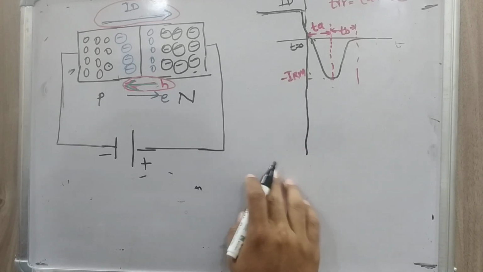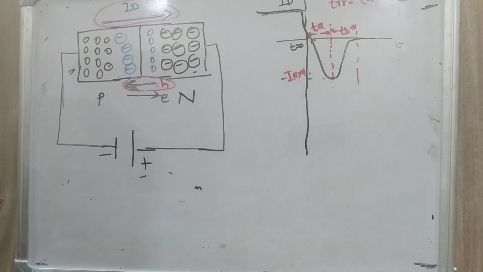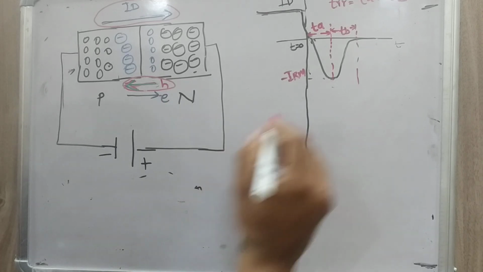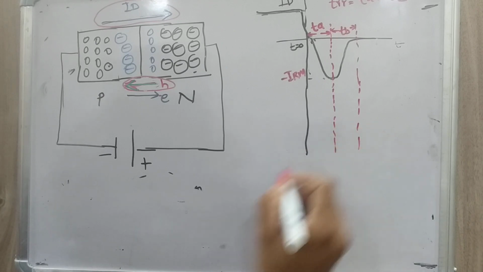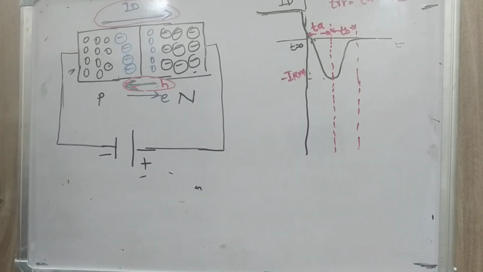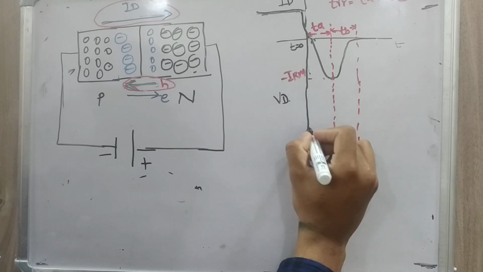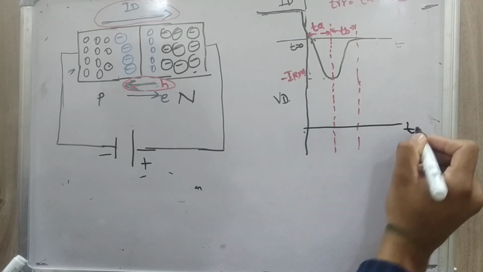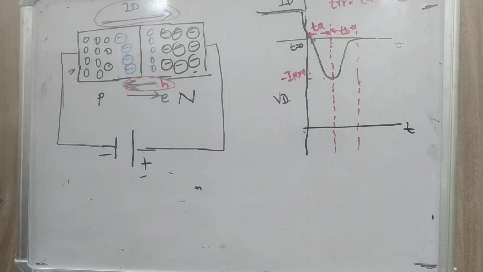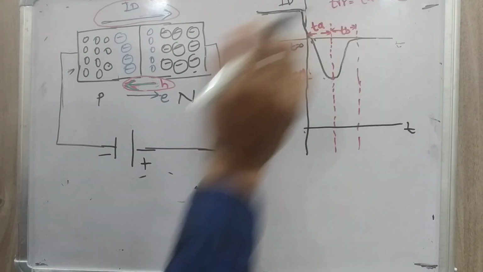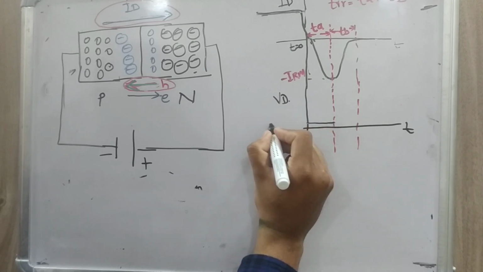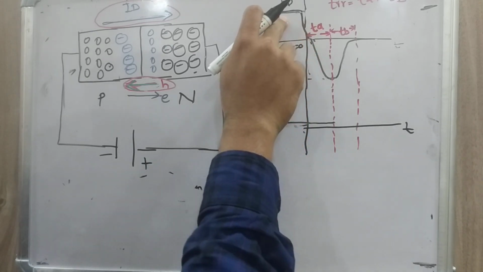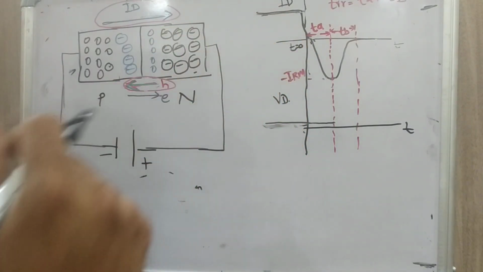I will just extend the time segments. This is VD, this is the time axis. Because of inertia, when the diode is suddenly reverse biased, for the time duration TA the voltage across it remains VF, which was the earlier voltage. Because the diode current is positive here, the diode is in forward conduction mode.